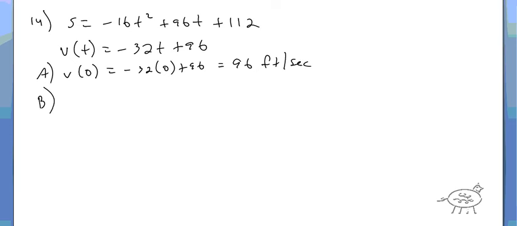B is find its maximum height and when it occurs. Okay, so it's maximum height. In order to find the maximum height, isn't that when the velocity is 0? So when v of t equals 0, that's the maximum height.